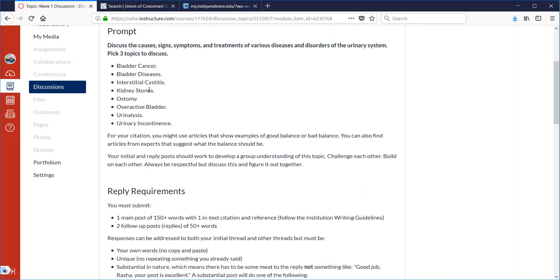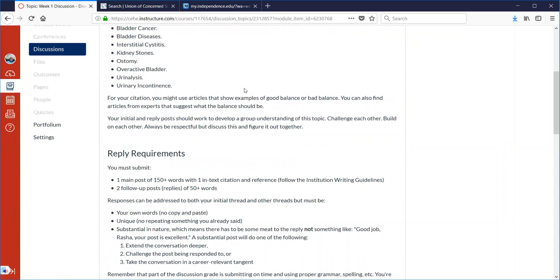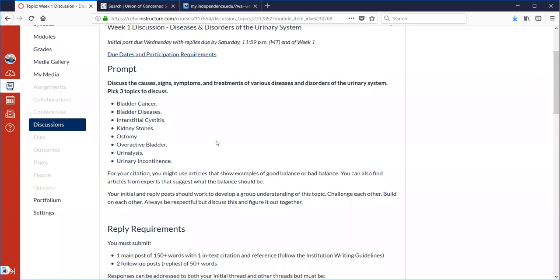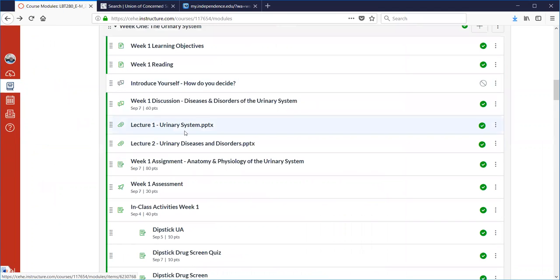I'm going to modify this to a slightly different list and actually change a couple of these things, so this list will be a little different when you see it in the shell.